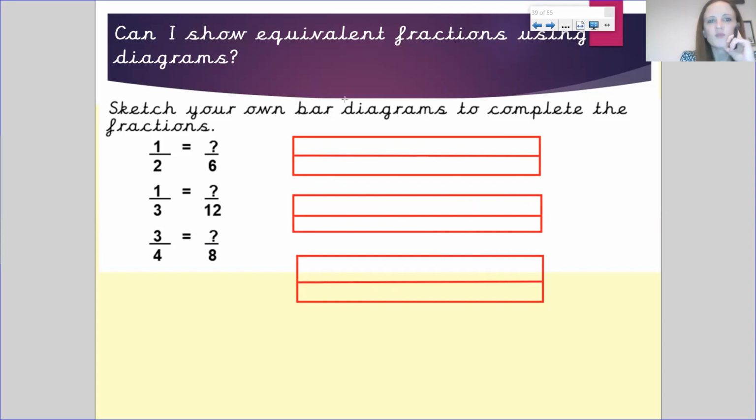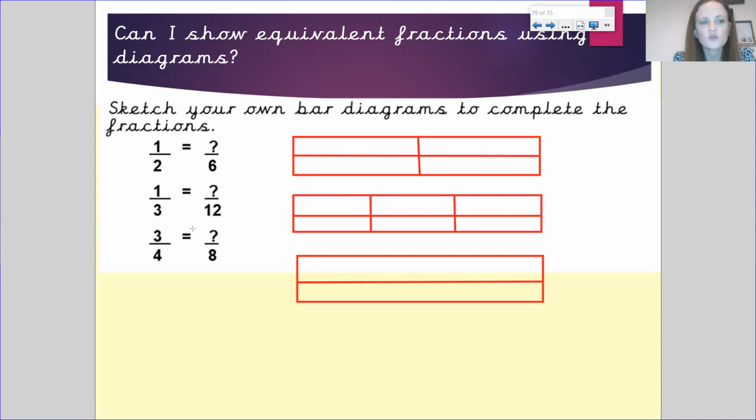Okay, I've got my 3 bar charts, and this one says you've got a half. This one is broken into 3 equal pieces. We're going to put that there, and then we are going to put that there.